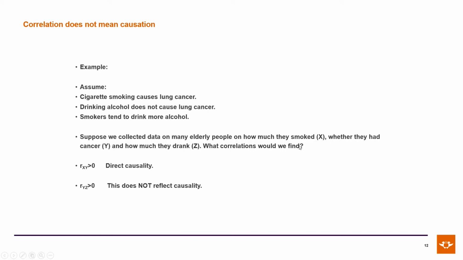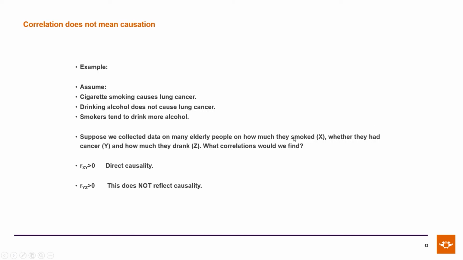Our external factor in this case, which is not in our analysis, causes both of these to go up, and a lack thereof causes them to go down. So you get the correlation, but you cannot say the one causes the other.